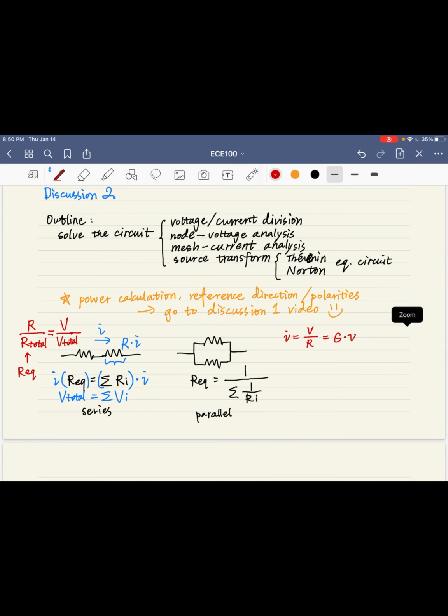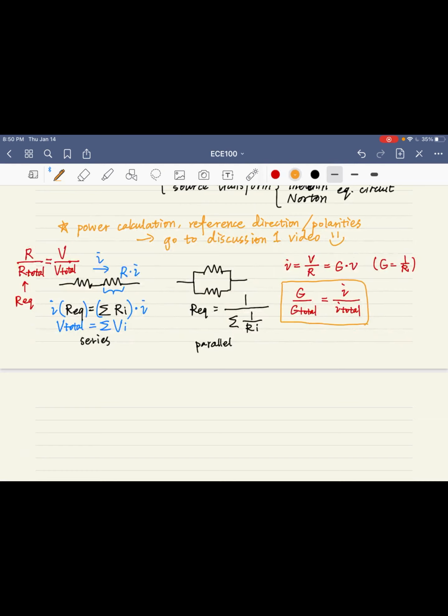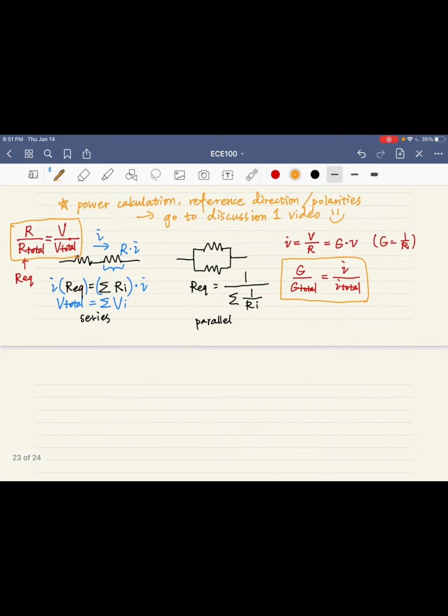The ratio of the given conductance to the total conductance is equal to the current fraction of the total current. And these two equations circled with orange pen are the voltage division and current division laws. You got it? If you haven't, try to solve the first few questions in the homework too, and you will become more familiar and comfortable with them.